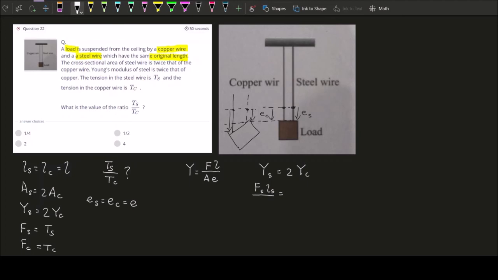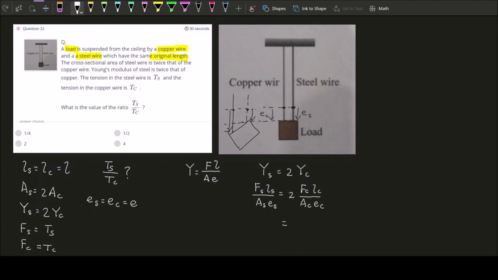If you want to compare in terms of length, you need to shift the Young's modulus all around, which is slightly complicated. Let's just use the original Young's modulus formula and compare the two straight away. So that will be As, Es, and you have times 2 of Fc, Lc, Ac, and Ec.